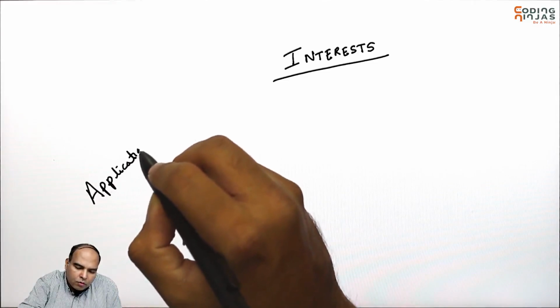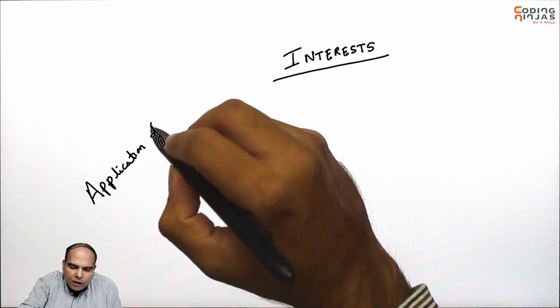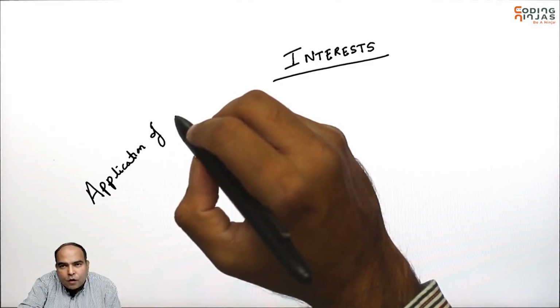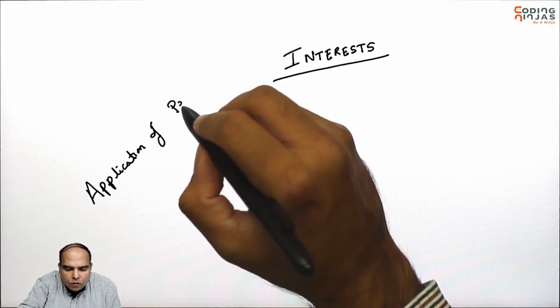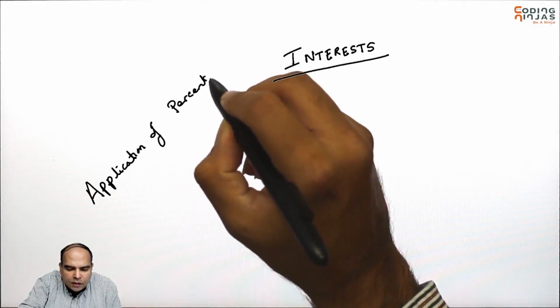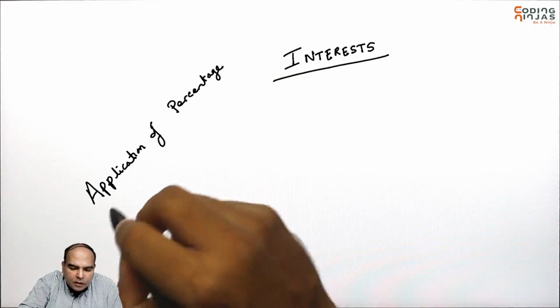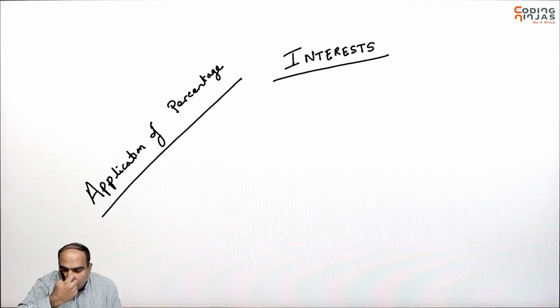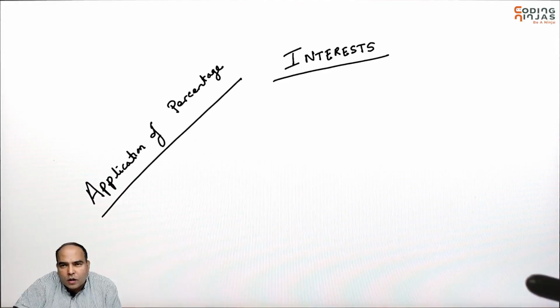So just like we have seen in the last chapter, profit and loss, which was also nothing but an application of the percentage chapter and what you learn in percentages. Similarly, interest is also an application of percentages, right? And when you are doing your thinking around interests, the concept of percentage will be an integral part of everything you do here, right?